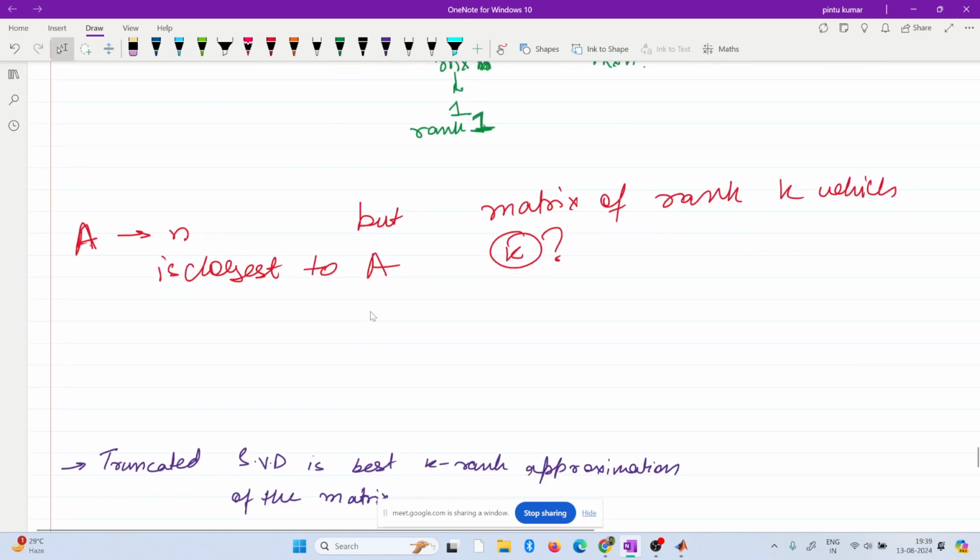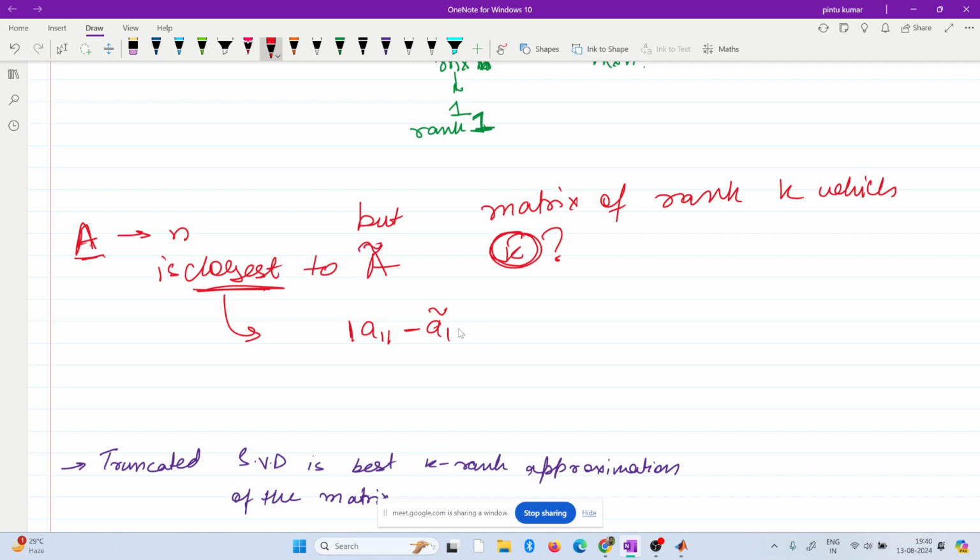So you want to find the matrix of rank k which is closest to A. What I mean by closest is that you take the difference of the first entry of A and the corresponding entry of the closest matrix, square it, then add the square of the difference of the second entry, and so on.